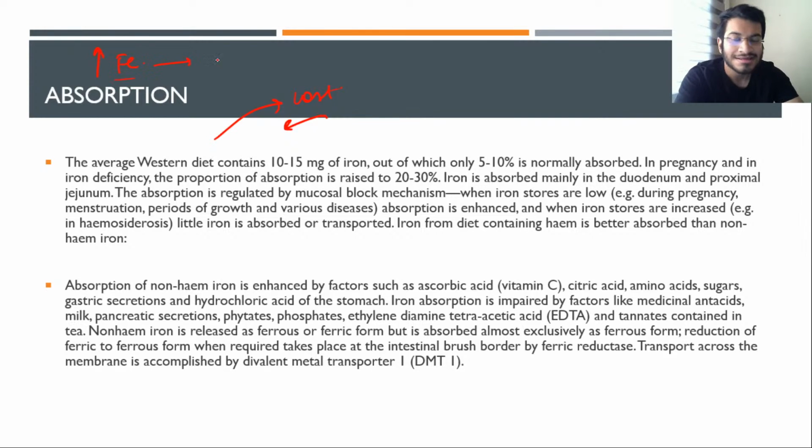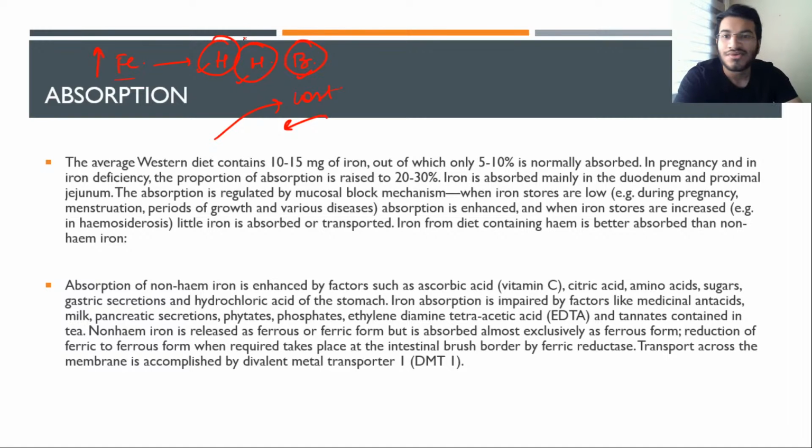If we are having excess amount of iron, then we might end up in hemosiderosis, hemochromatosis, and bronze diabetes, right? So if iron is more in our body, and there is some pathology that iron is not coming out of our body, then we will end up in these conditions.